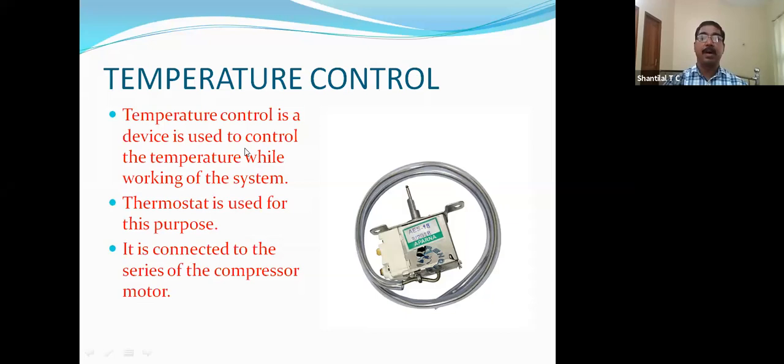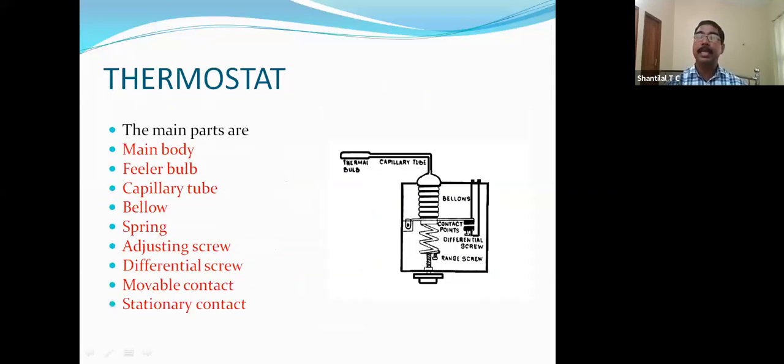For this purpose, we use a thermostat, which is generally connected in series in the circuit. This is the simple sketch of a thermostat, and this is the internal diagram.